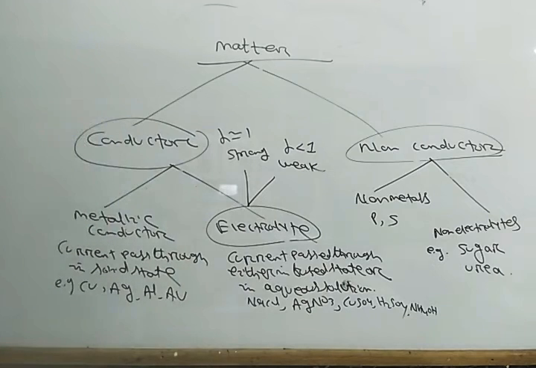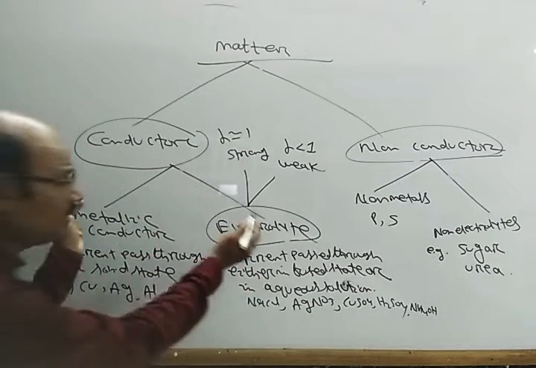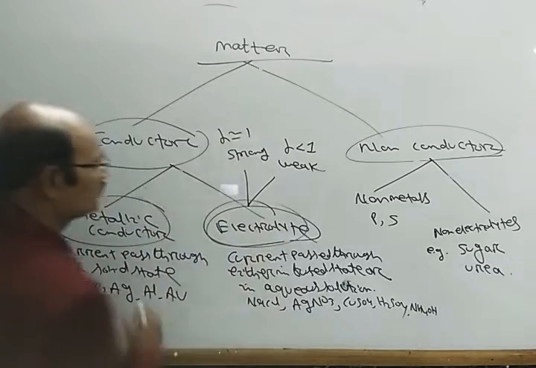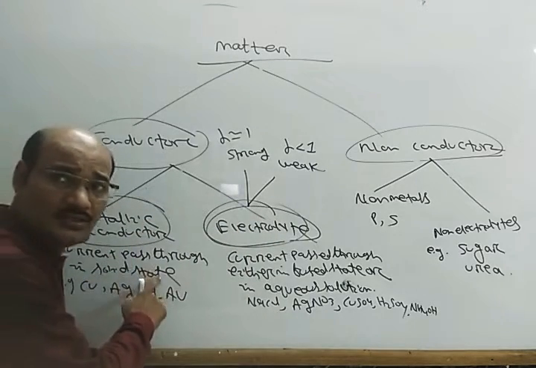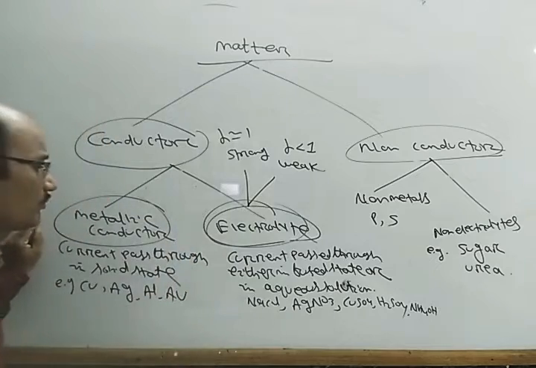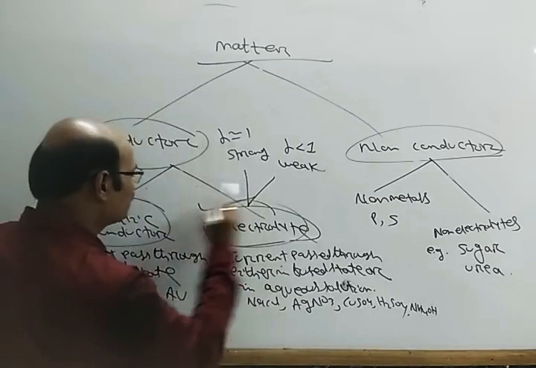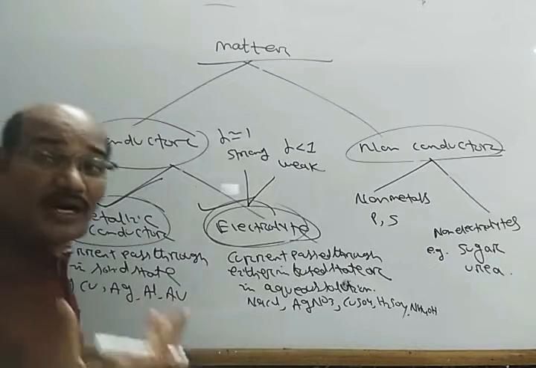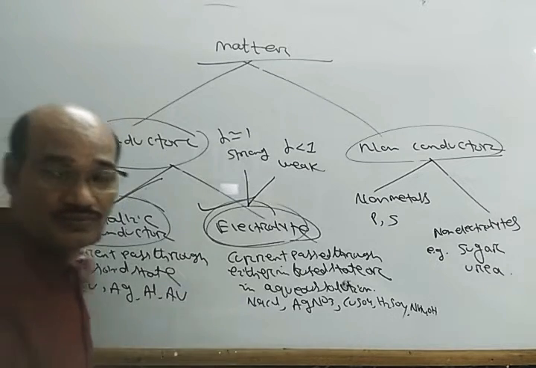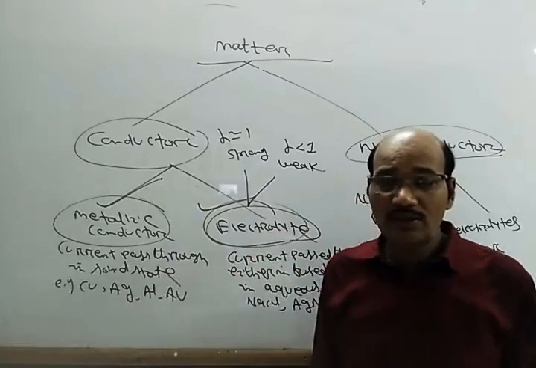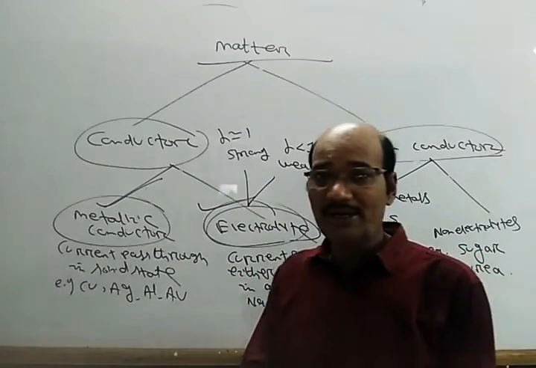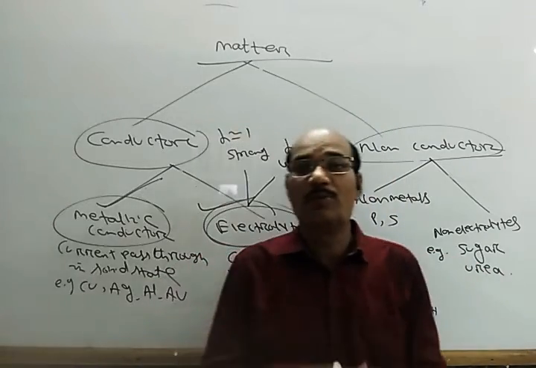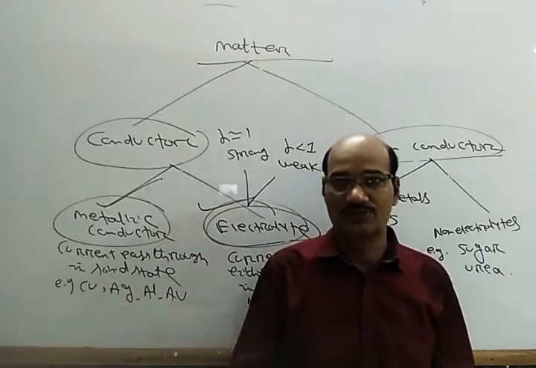Now, when you come to metallic conductors and electrolytes, metallic conductors can conduct electricity, and so can electrolytes. Now, what is the difference between these two? We know electric current is the flow of electrons, flow of charges, flow of ions.